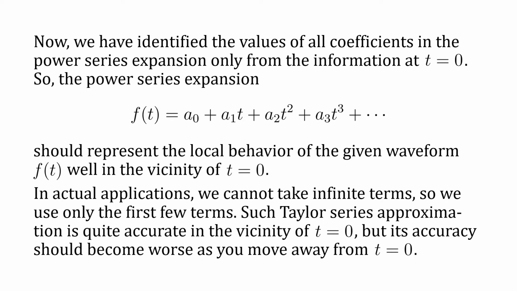In actual applications, we cannot take infinite terms, so we use only the first few terms. Such Taylor series approximation is quite accurate in the vicinity of t equals 0, but its accuracy should become worse as you move away from t equals 0.